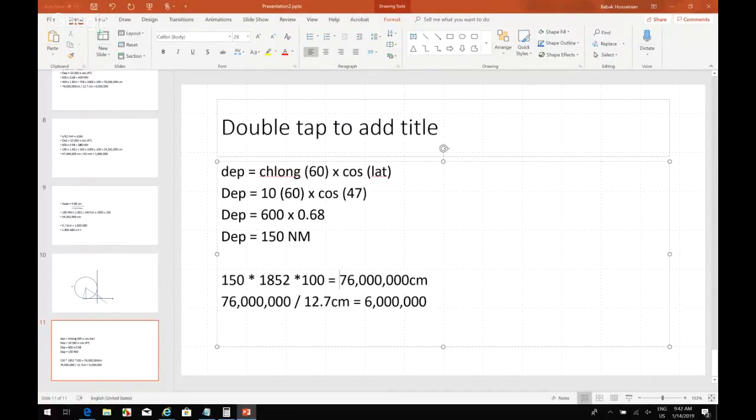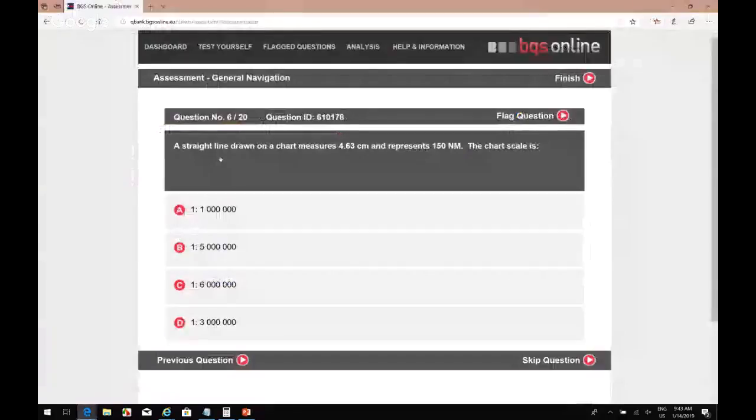So 150 times that equals 150 times 1852 times 100, which is about 28 million. So what was the scale? 4.63 centimeters.